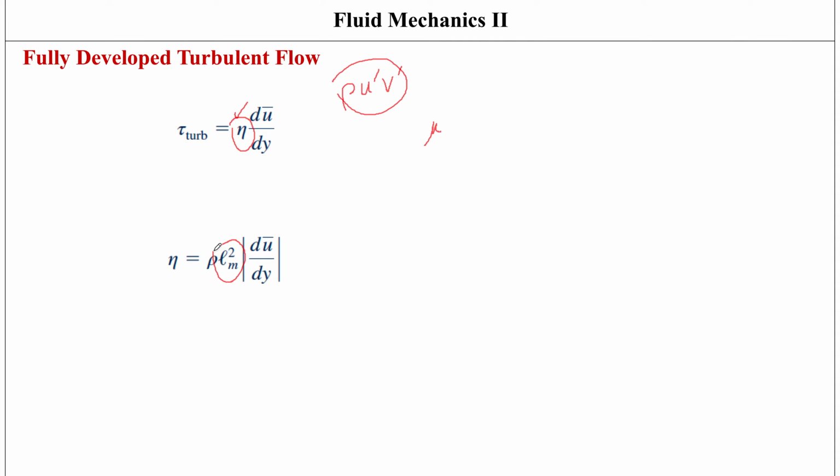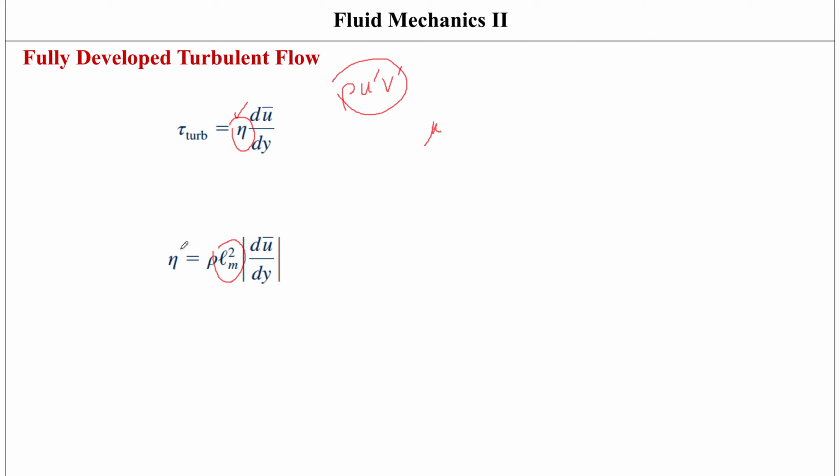Well, mixing length can be used to find out the eddy viscosity here. But what we find out is that even the mixing length varies from one region of one velocity to another region of a different velocity.